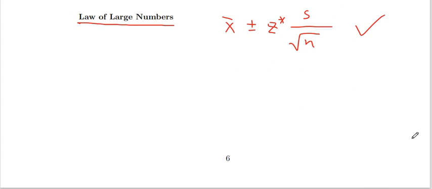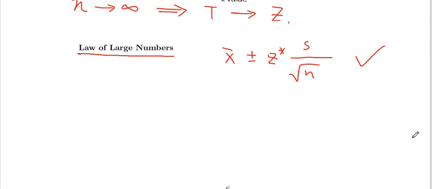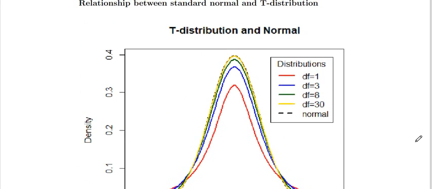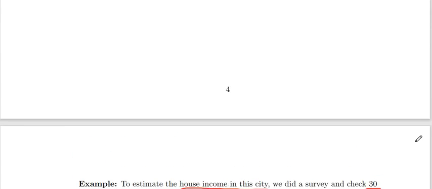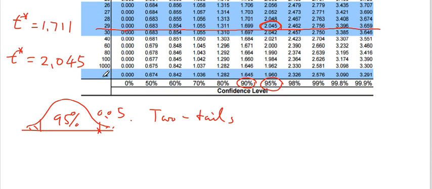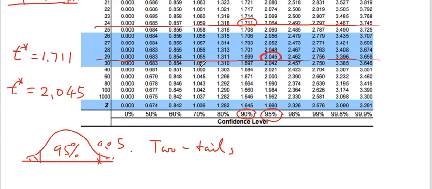Okay. So actually, from the table we can also see this. Let's say from this T table, the last line is Z star, and those are T star. So if the degree of freedom is 100, 1000, or sample size very big, we can say those two lines are almost the same, right?